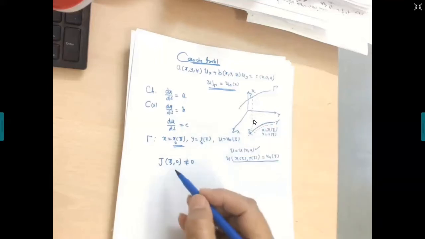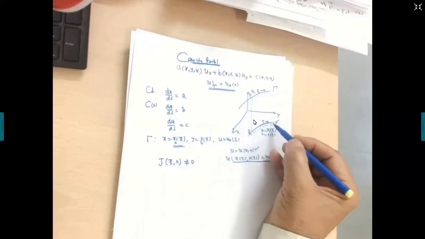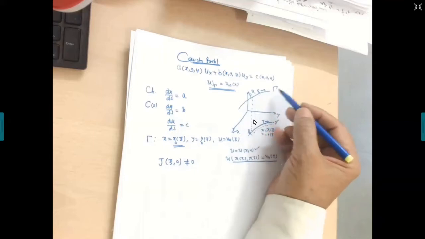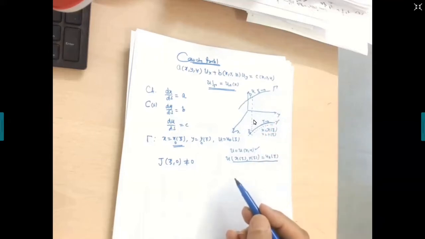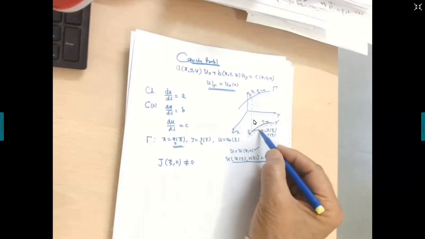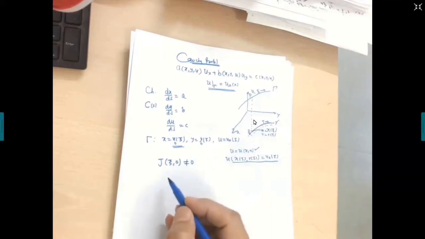What is xi? Xi is the parameter along this base curve, and therefore without any loss of generality we can take the same parameter along this base curve. And this is the characteristic curve passing through this point P naught.